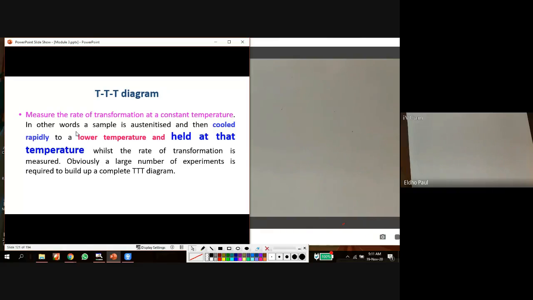In other words, I take a sample, austenitize it, then cool it rapidly to a lower temperature and hold it at that temperature while the rate of transformation is measured. Obviously, a large number of experiments is required to build up the complete TTT diagram. Next I am going to explain the procedure of TTT diagram construction.